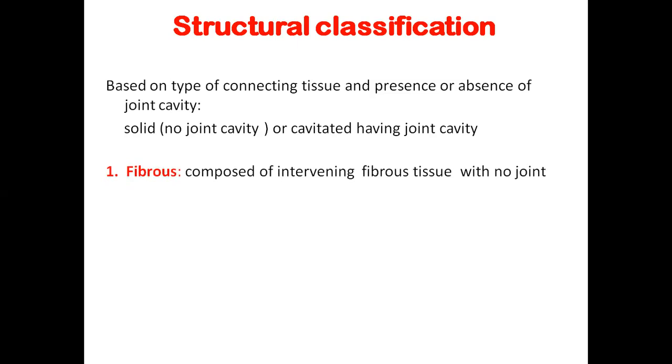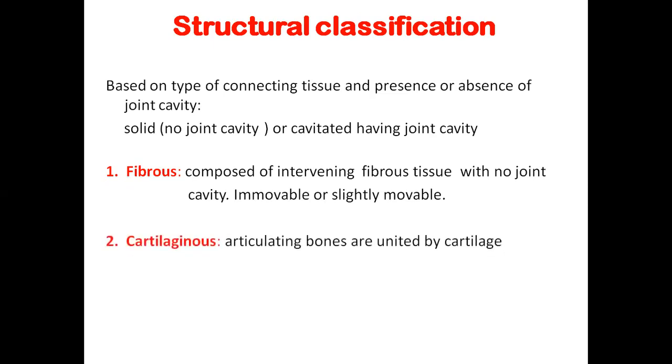So the example of the first type, that is the solid joint, is the fibrous joint. Fibrous joints are composed of intervening fibrous tissue with no joint cavity, and these joints are immovable joints. Well, some of these joints show slight movements. Examples will be seen later.